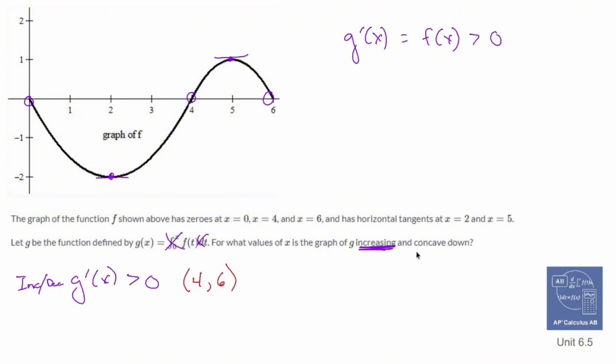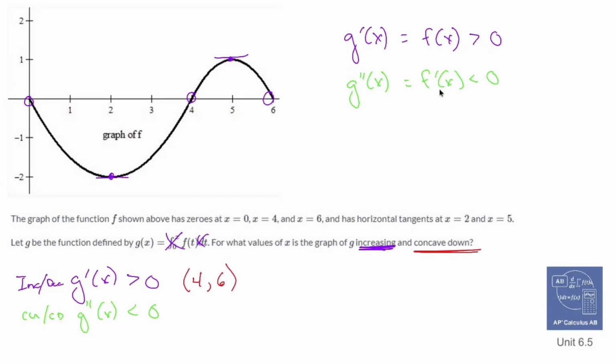Now, in order for me to find concavity, it's going to be CU, CD. Concavity is going to be the second derivative. And I want it to be concave down, so I care about where the second derivative is negative. Now, the second derivative would be me going up here and saying, all right, so g double prime of x is going to be f prime, and I care about when that's less than 0.